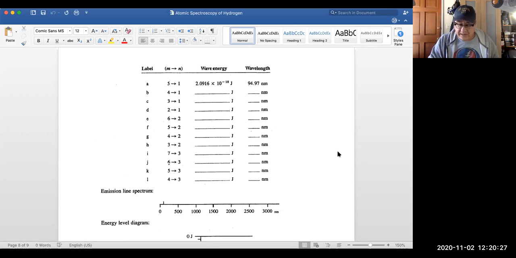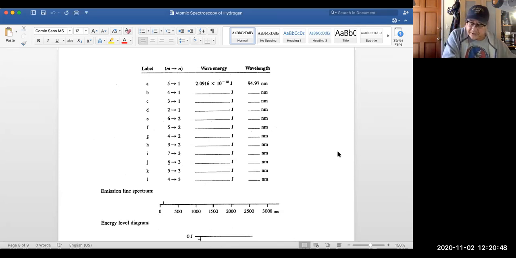So we kind of left off with atomic line spectra and Niels Bohr. And in the Q&A, I showed you a cartoon of absorption, emission spectra, and continuous spectra. And I showed you how to do a few of the calculations.